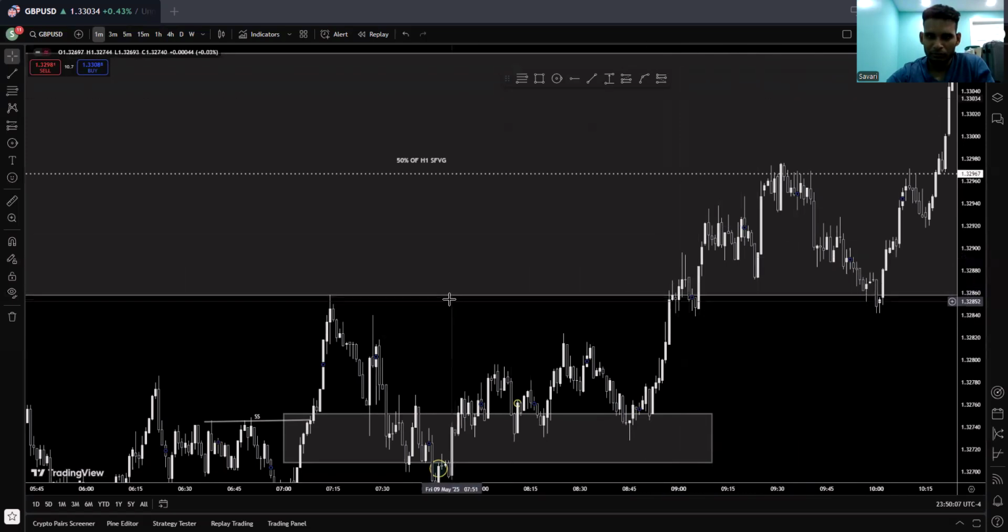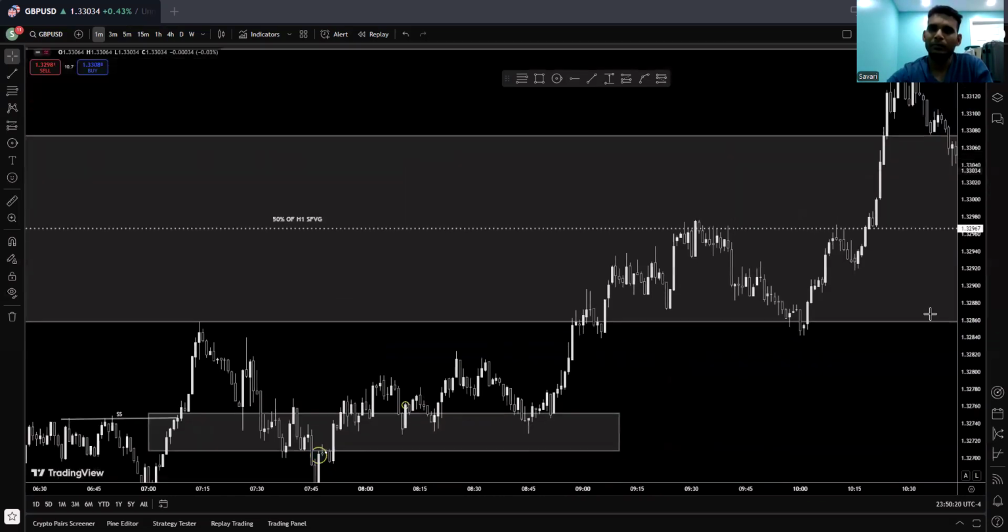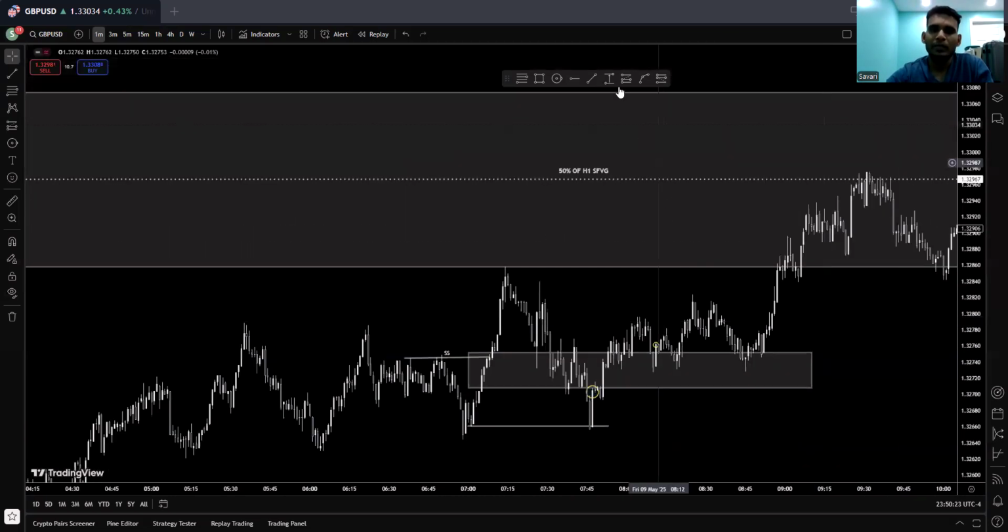So I take off my first position here, take off something here, and take off something here. So beautifully, I take partials during the course of my trading time, and I can do one more thing. This is the last manipulation handle after this liquidity sweep.